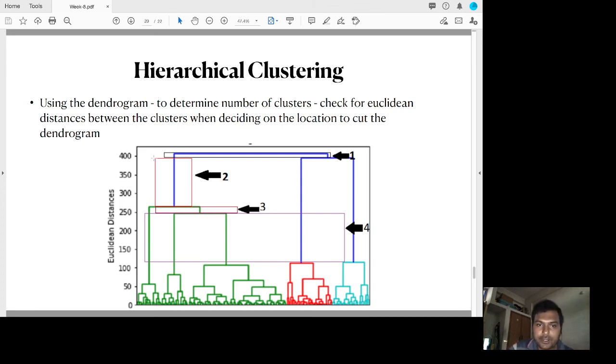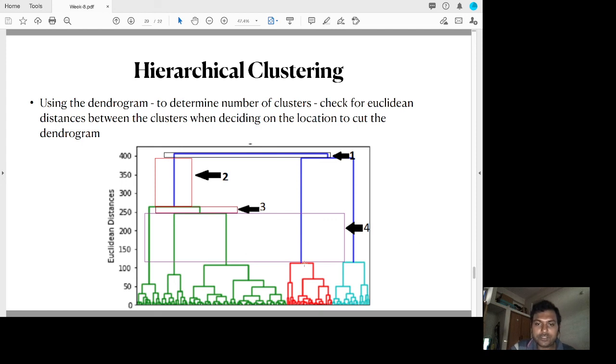Similarly, if you cut anywhere in rectangle 2, you will get three clusters: the green ones, the red ones, and the blue ones. If you cut at the third rectangle, you will get 4 clusters, and if you cut at the fourth rectangle, you will get 5 clusters.